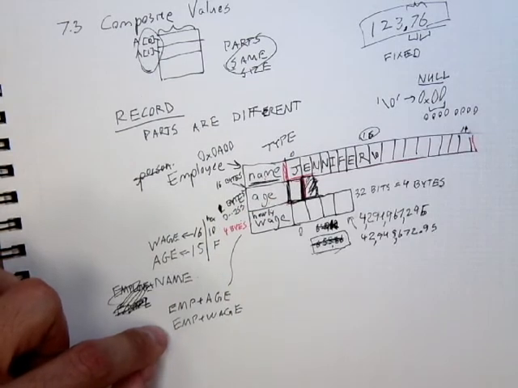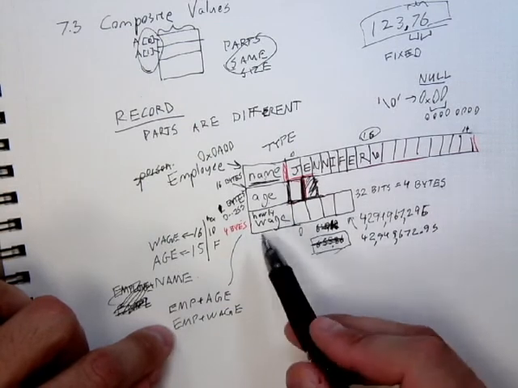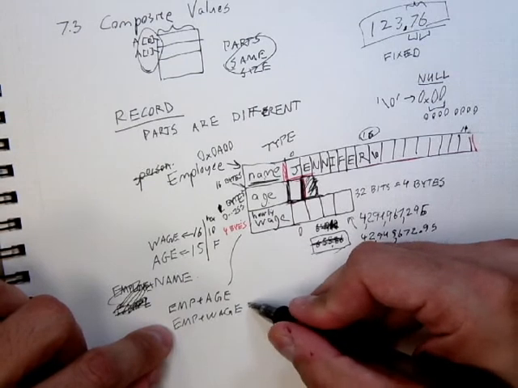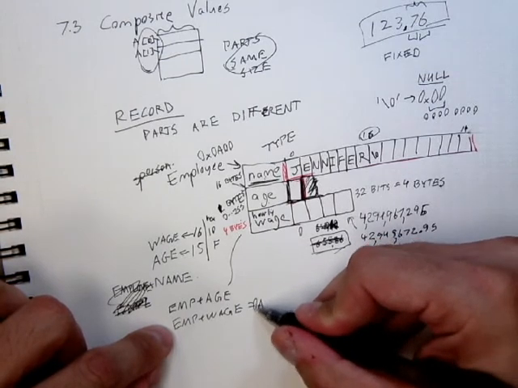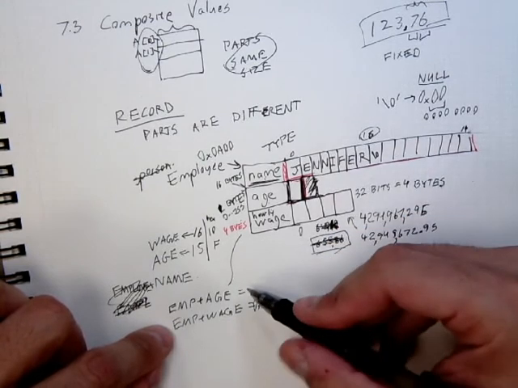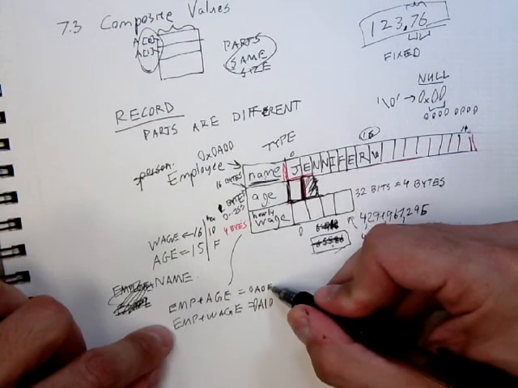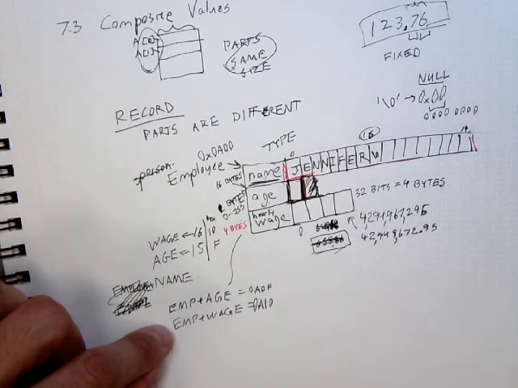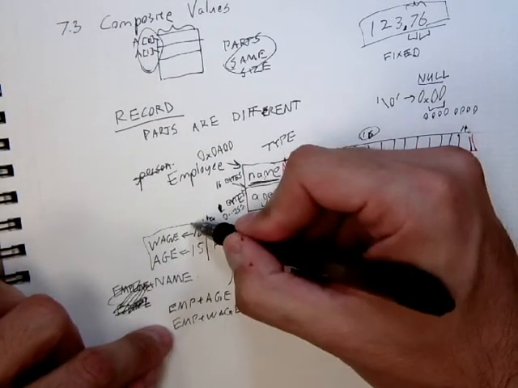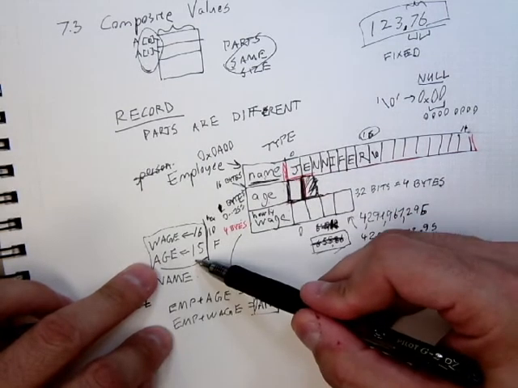So if I wanted to access the address of the current employee's wage, there's an employee in memory at 0A00, his wage is going to be at 0A10, and his age would be at address 0A0F. Pretty interesting, huh? So I can calculate the address in memory by just keeping the offset to each field in some sort of named variable.